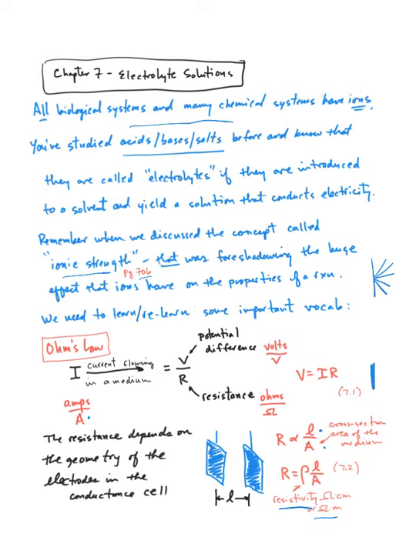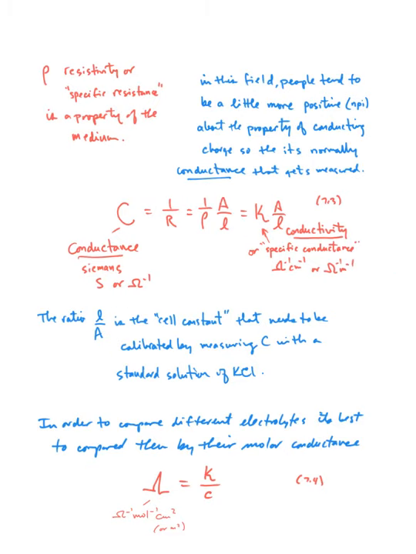So the resistance is proportional to the resistivity. A more old-fashioned descriptor of that term is the specific resistance, and it's a property of the medium. The same pair of electrodes is going to have a different resistivity in water compared to ethanol, let's say.